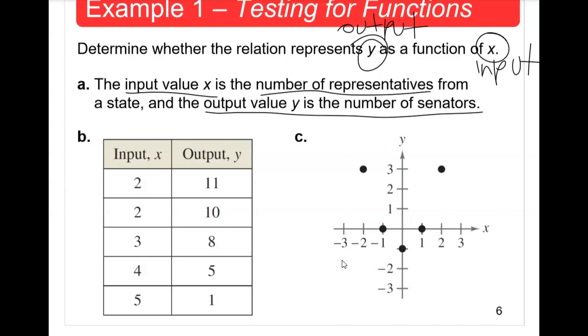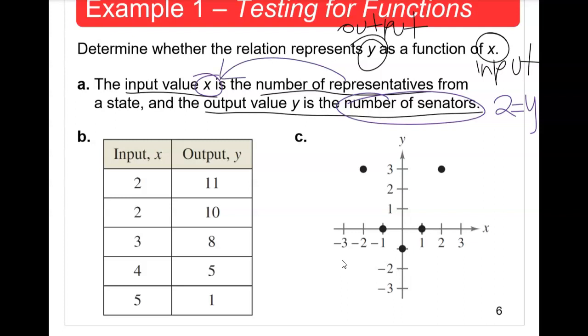We know that the number of senators per state is always equal to 2. So in this case, y will always be equal to 2, and it does not matter what the value of x is, the number of representatives.